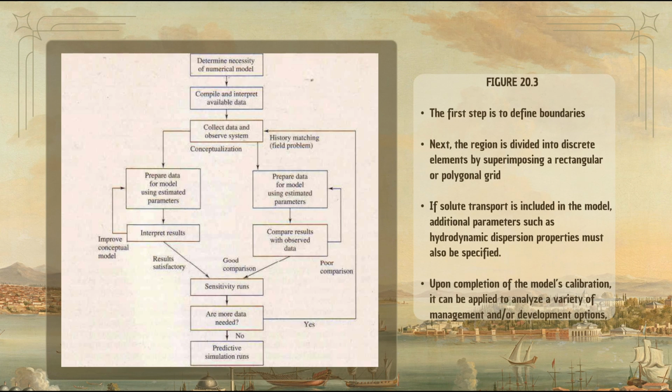Once the grid is determined, the control aquifer parameters and the initial conditions are set for each grid element. If solute transport is included in the model, additional parameters such as hydrodynamic dispersion properties must also be specified.